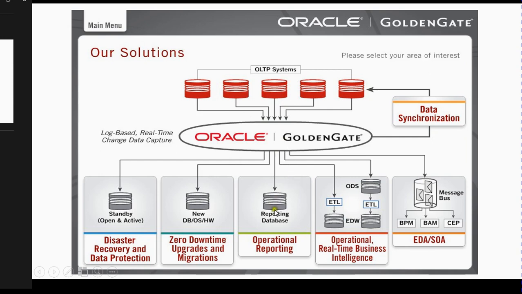The environments where you're performing the replication are called the target systems. These are the different offerings that you have with GoldenGate, and I'm going to cover these components and features in more detail coming up.